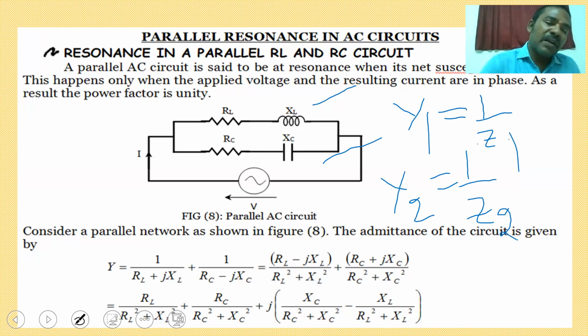For parallel circuits, the voltage must be the same and the currents are divided into branches. So in a parallel circuit, what is the condition of resonance? The condition of resonance in a parallel circuit is that the net reactance value must be equal to 0. Admittance is G plus or minus jB, where G is the conductance and B is the susceptance.